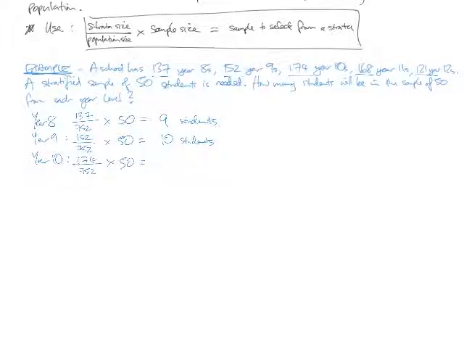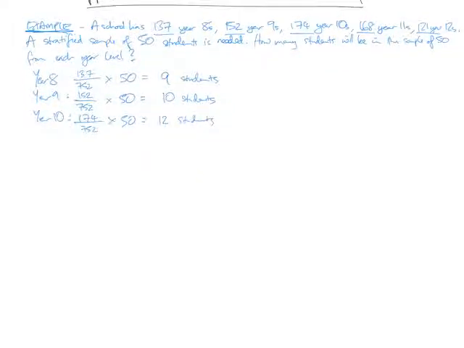That comes to 11.56, so the nearest whole is 12 students. Year 11s, there are 168 year 11s, 168 out of the 752 students at the school, times by 50. Closest whole is 11.